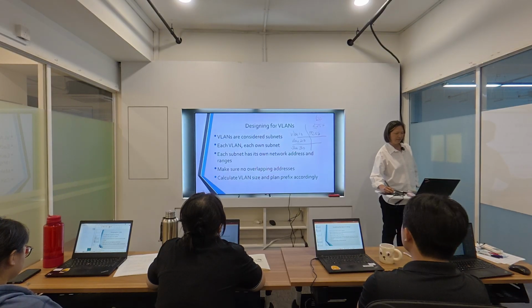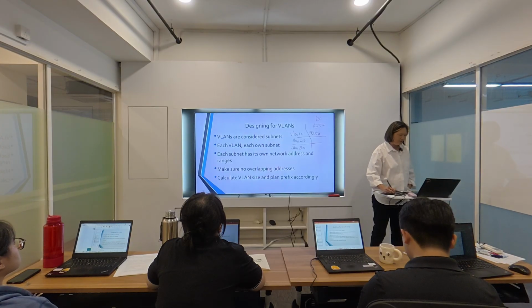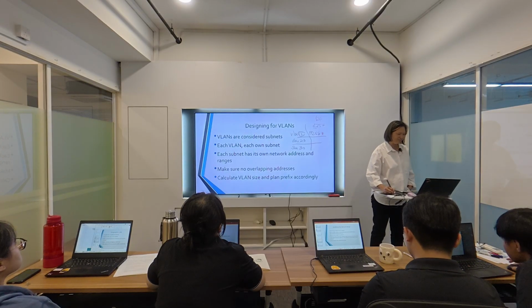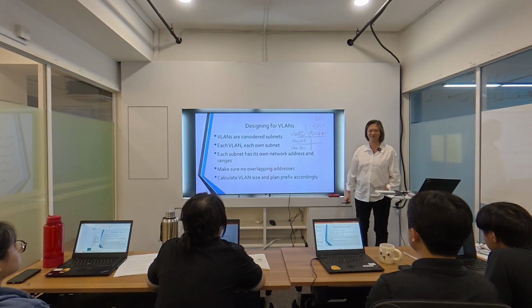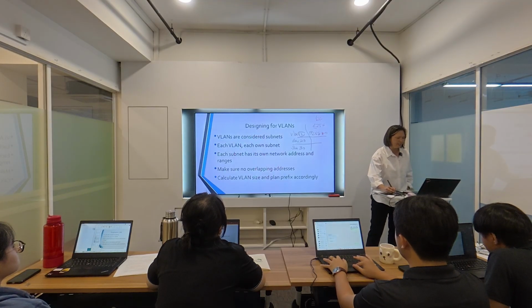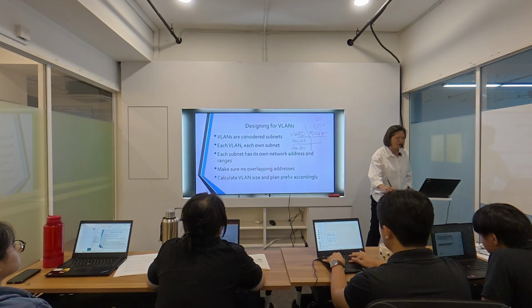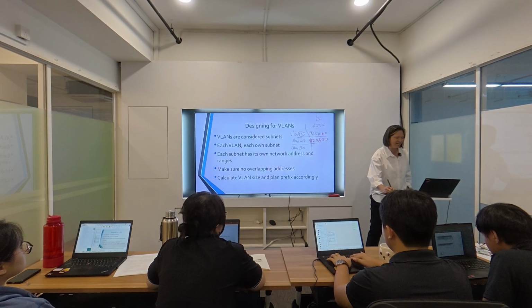So let's say it's 10. Normally for ease of maintenance, if your ID is 10, we try to make it 10, so that when you see a 10 dot, you know it's VLAN 10. It's no hard and fast rule. It's just that it's easy for us to know our network. So when you see an IP address, you know, oh, it's from VLAN 20.